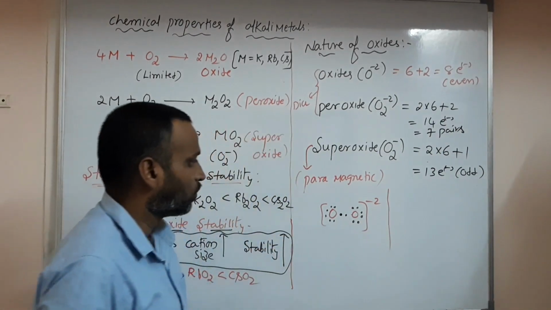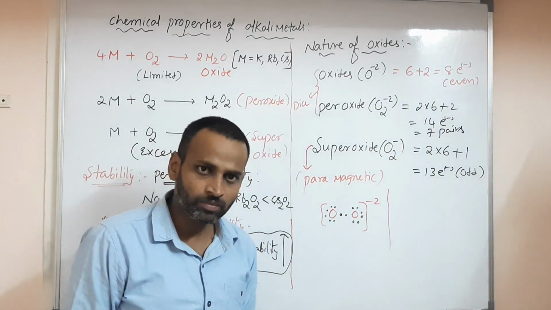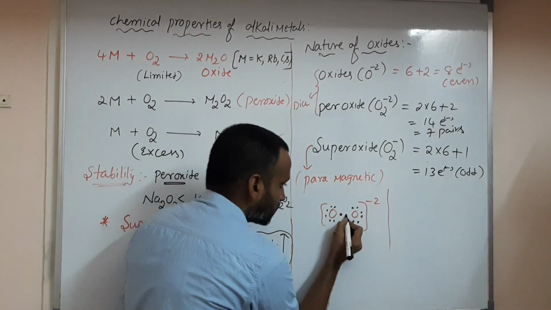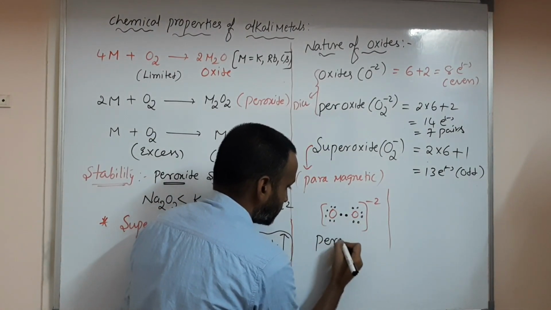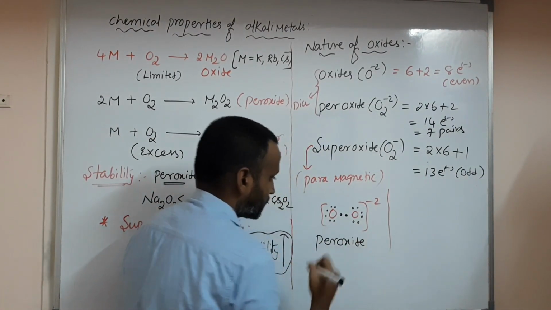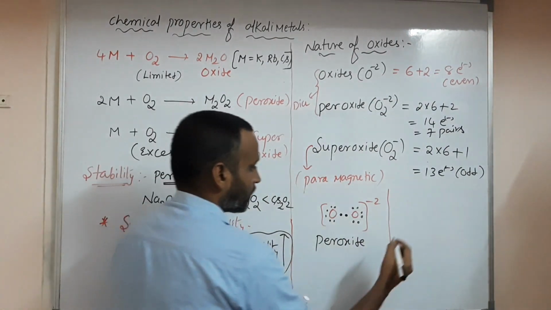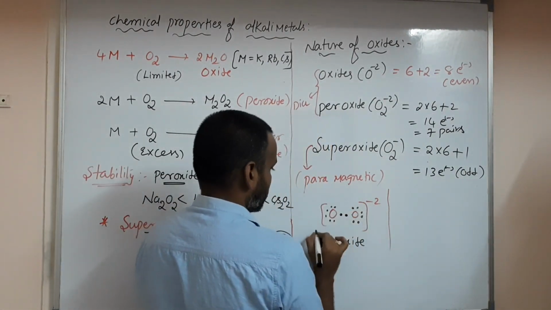This is O2 minus 2, the peroxide structure.